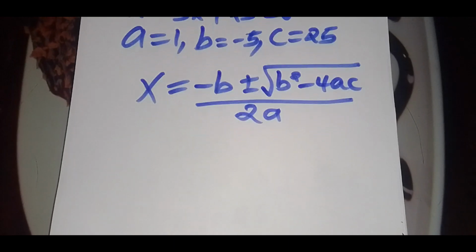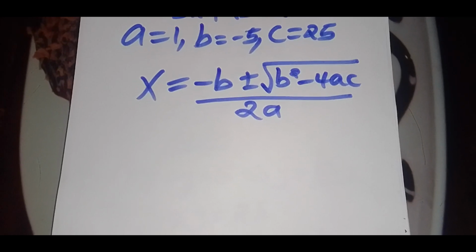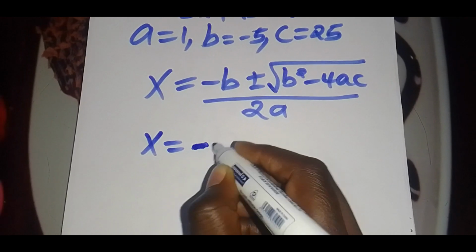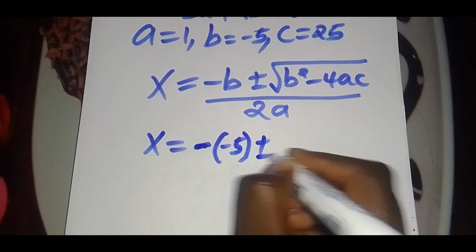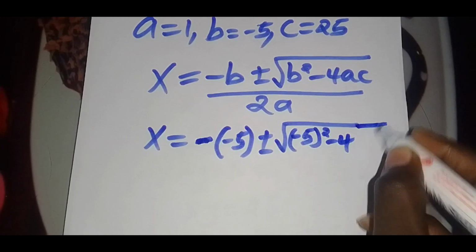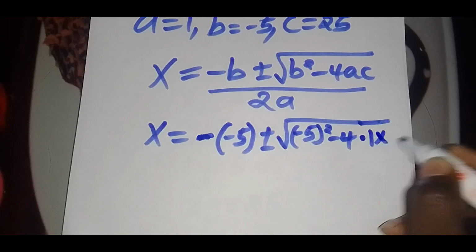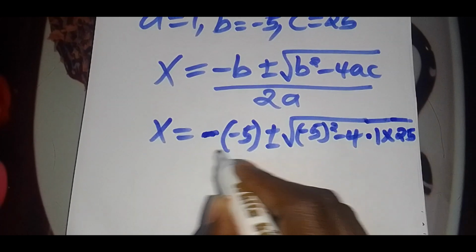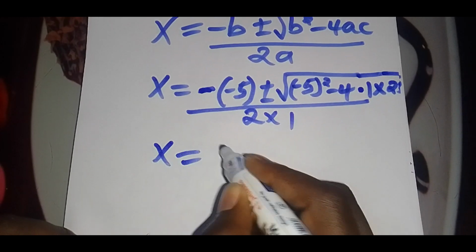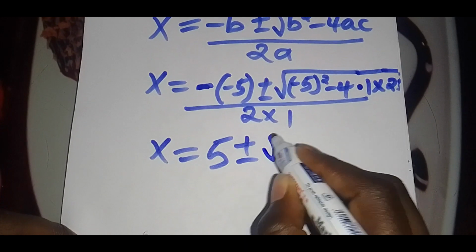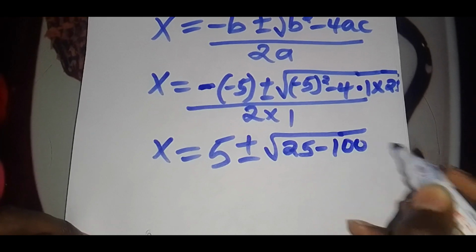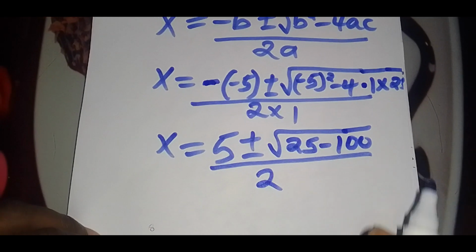Let's substitute the values of a, b and c, so that we have negative of negative 5, plus or minus the square root of negative 5 squared minus 4 multiplied by a, which is 1, and multiplied by c, which is 25, divide everything by 2 times 1. So now we have 5 plus or minus the square root of 25 minus 100, divide everything by 2.